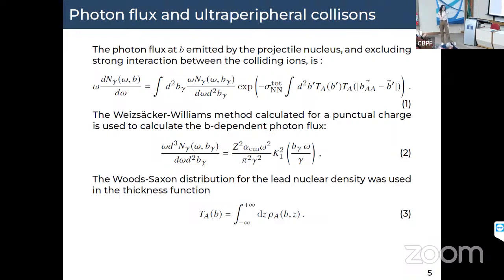The thickness function that appears in the exponential is the longitudinal integration of the nuclear density inside the nucleus, and we will use the Woods-Saxon distribution to describe it. This will be used here in the photon flux and afterwards in the cross-section for the gamma-A collision.